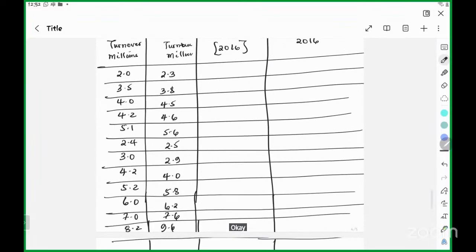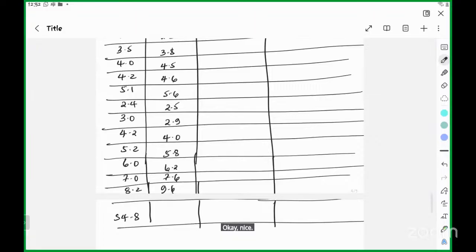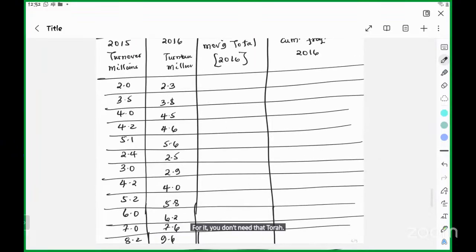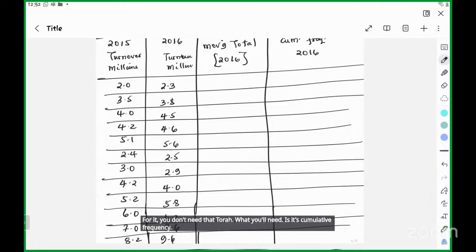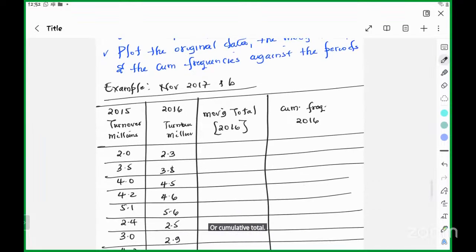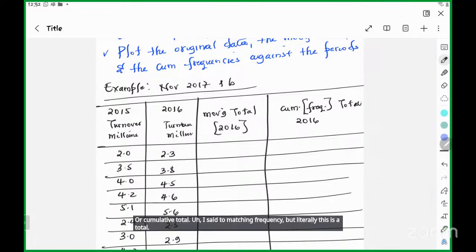Okay, nice. So for this one, you don't need the total. What you'll need is its cumulative frequency or cumulative total. I said cumulative frequency, but literally this is a total. Cumulative total.